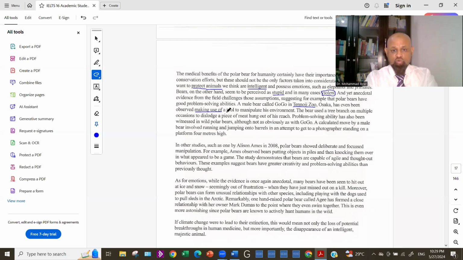So making use of a tool. So the words that are our answers, I have circled them. So violent, the second one is tool, to manipulate his environment. Okay. Now let's go to the next.